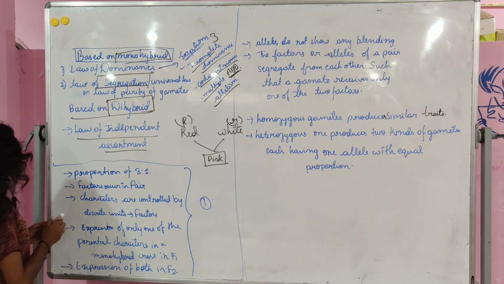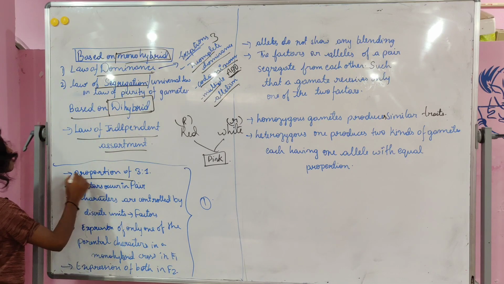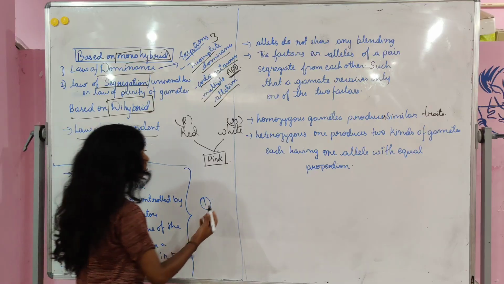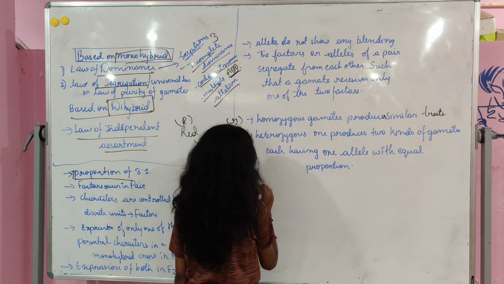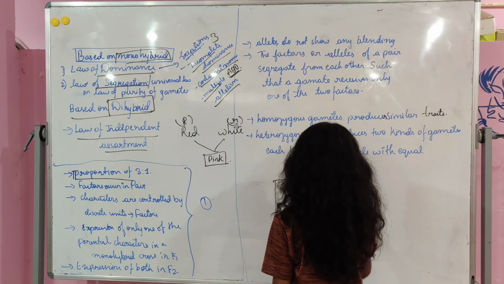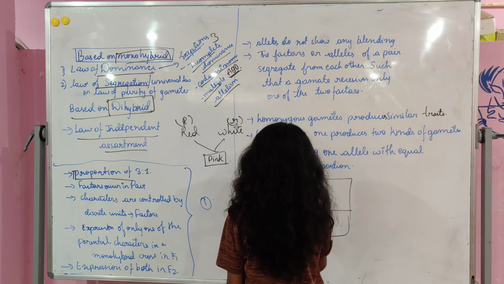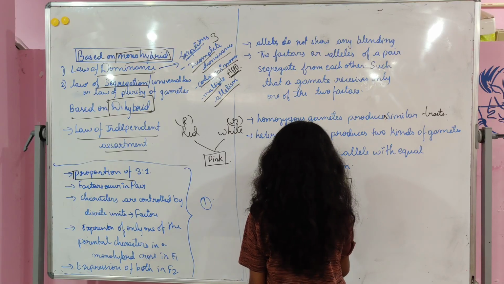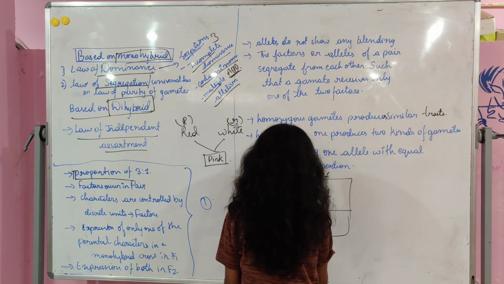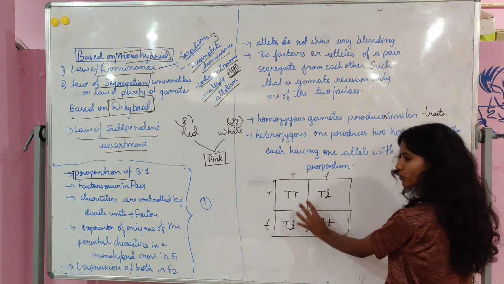Okay. So what the law of dominance told is it gave the proportionality that we have that phenotype tall. This was a monohybrid cross.